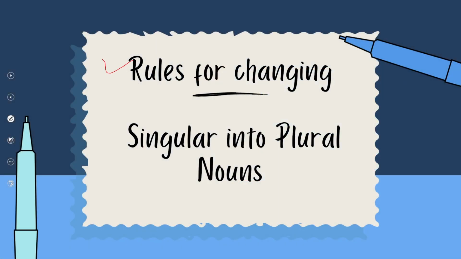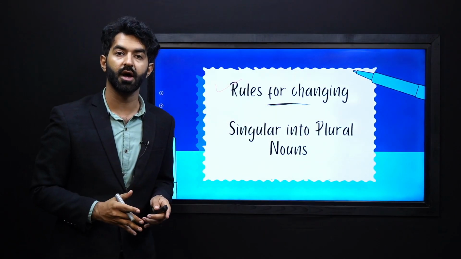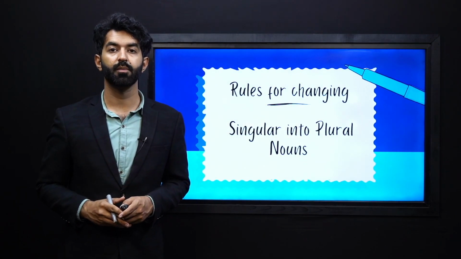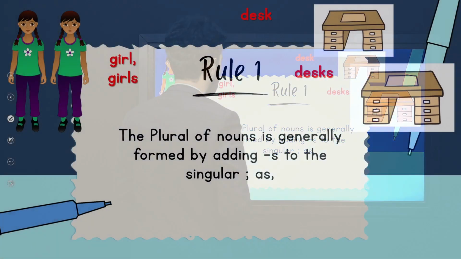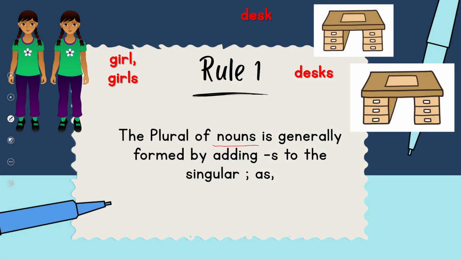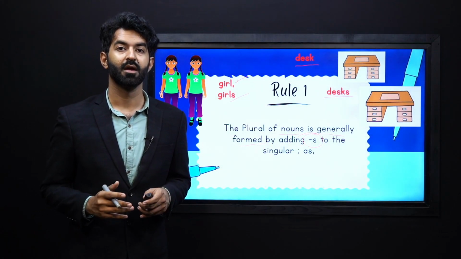So as I told you, we have some rules for changing singular nouns into plural nouns. Let's begin by understanding them one by one. So rule number one, the plural of nouns is generally formed by adding s to the singular. For example, girl, simply we will add s, desk, desks. So such a simple rule, right?